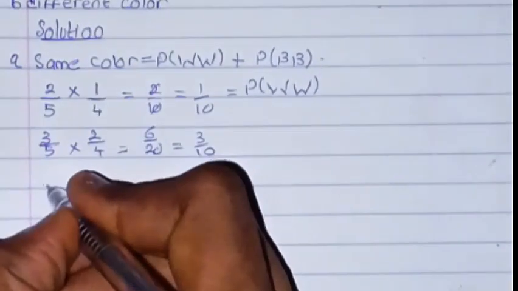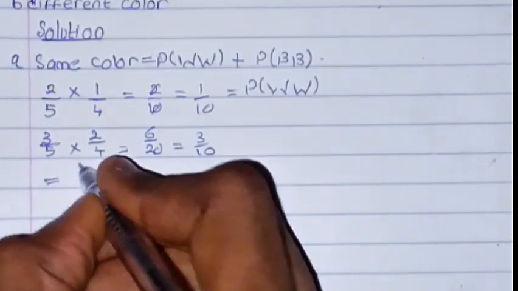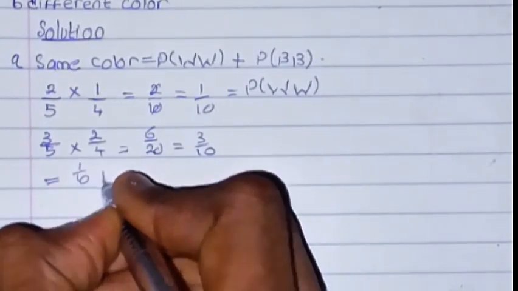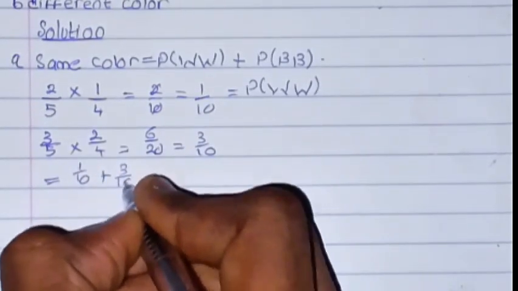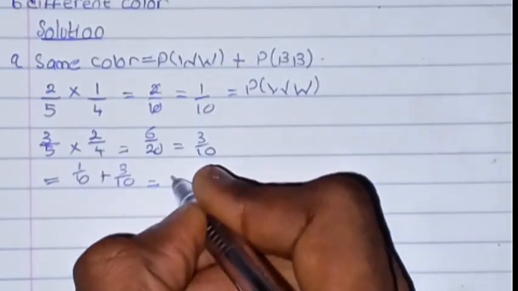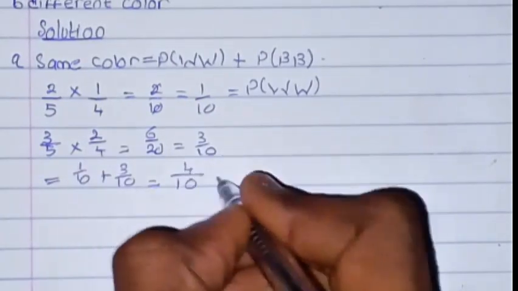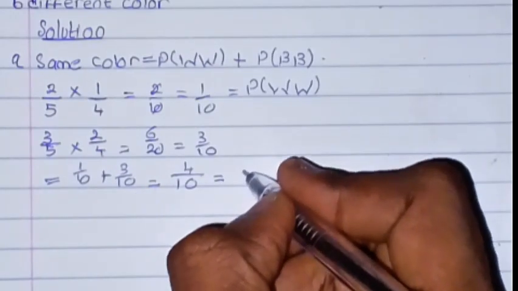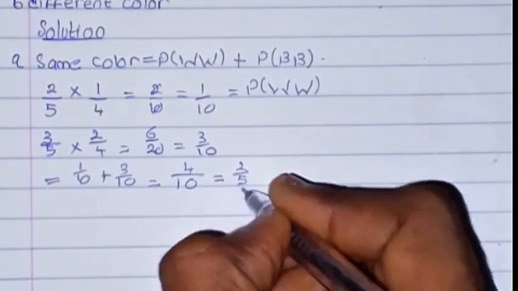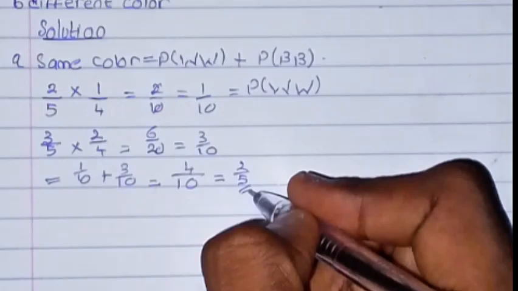So for the probability of the same color, we have 1 over 10 plus 3 over 10, which gives us 4 over 10. If we break that down, that's 2 over 5 as the probability of picking the same color.